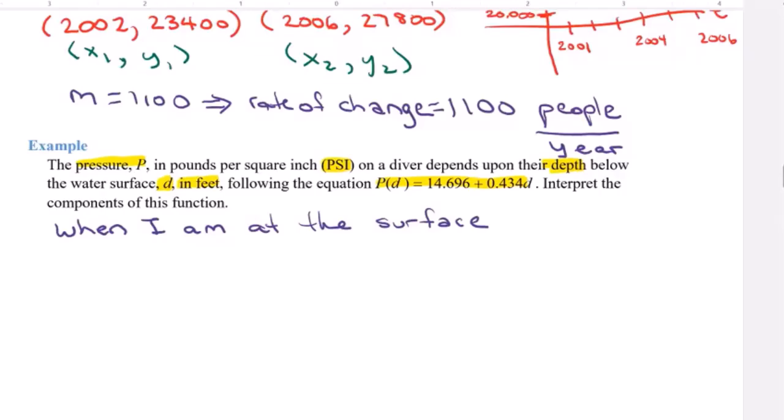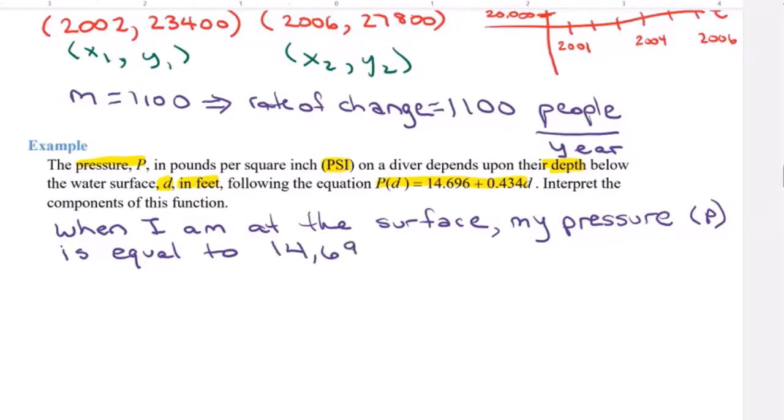So my pressure, which is P, is equal to 14.696 PSI. That's my initial value before I start to dive.